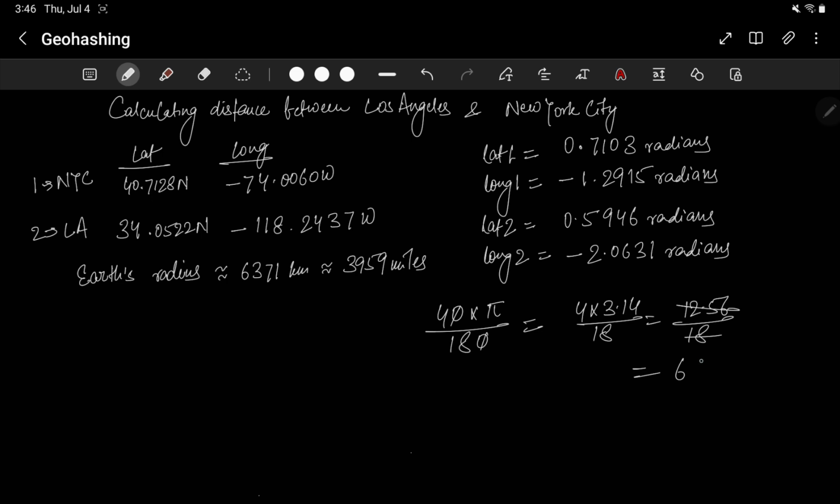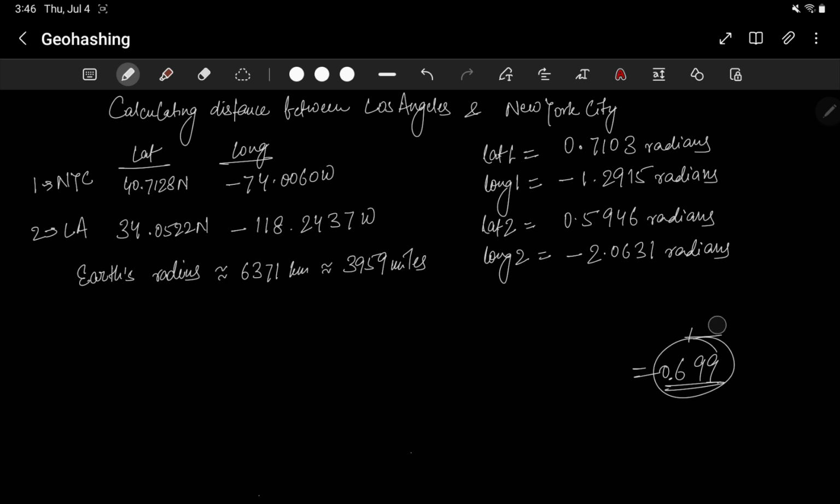It's almost 18 times 9, 18.99. So it's 0.699, something like this, right? And we have made it 0.71. It's also because we did not take into account this 0.7128, but it will be the same for all these. You can verify the calculations. It may be wrong also. I am not sure. I'm just taking an example from the internet. But it should be correct, I assure you.